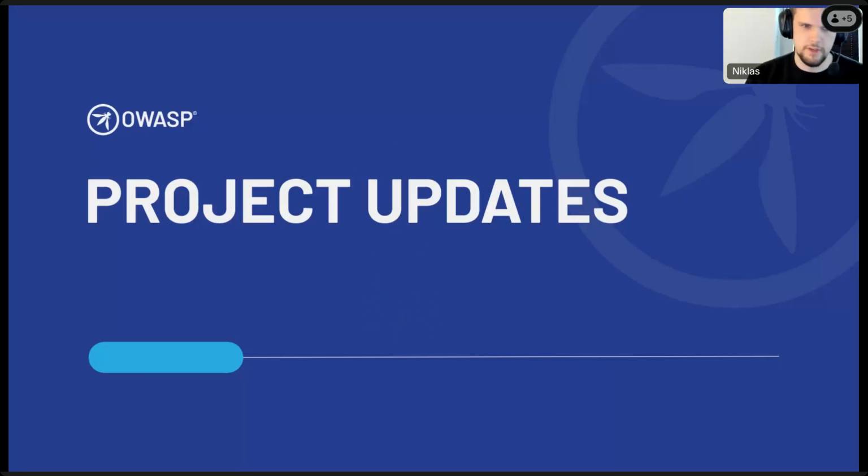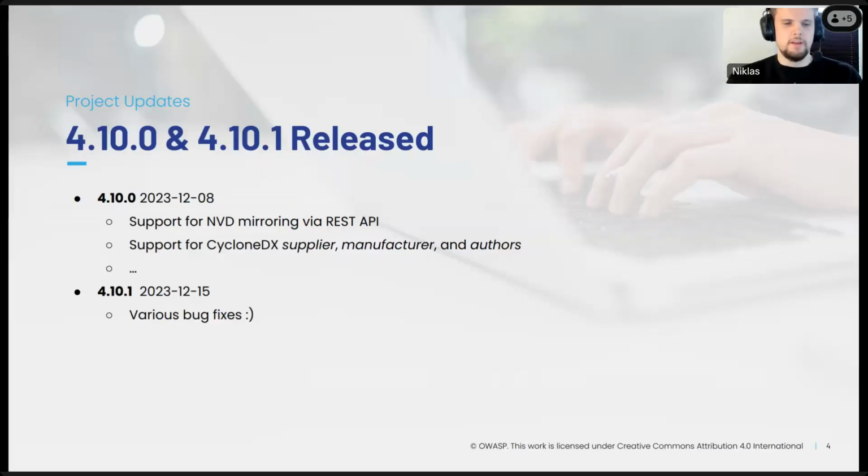As for the project updates, I already said the last meeting was in mid-November, end of November, and we were close to releasing 4.10 at that time. 4.10 has been released since then, obviously, and we released it on December 8th.